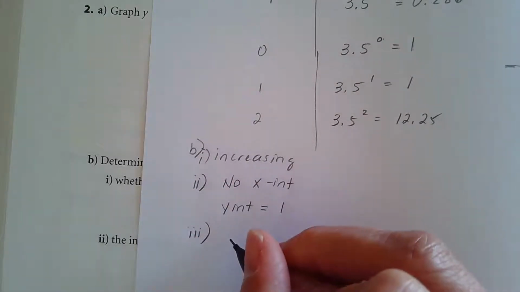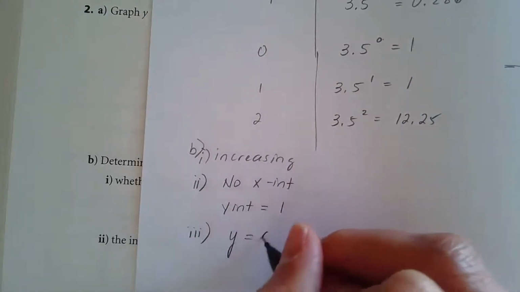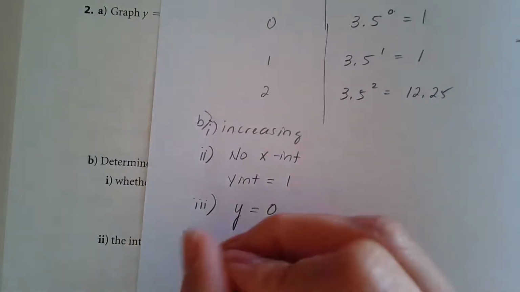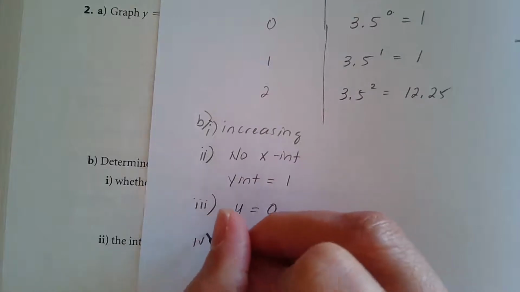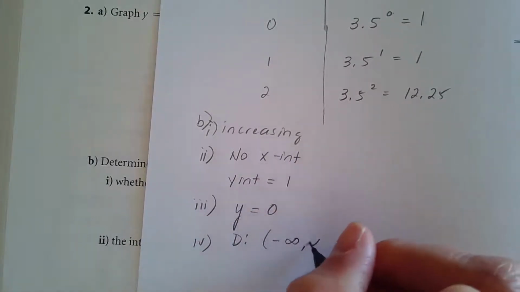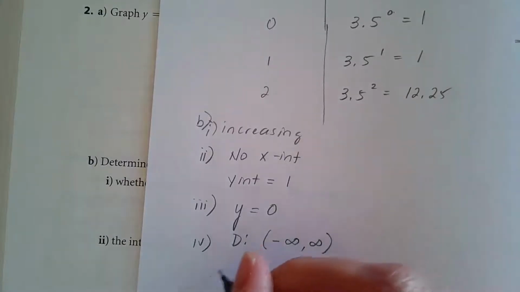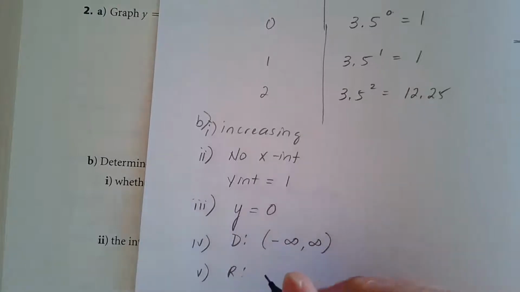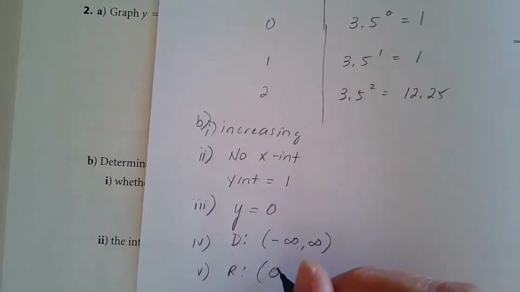Equation of the asymptote, that's going to be y equals 0. Domain of the function, domain is from negative infinity to positive infinity. And then finally, the range would be from 0, but not including 0, to infinity.